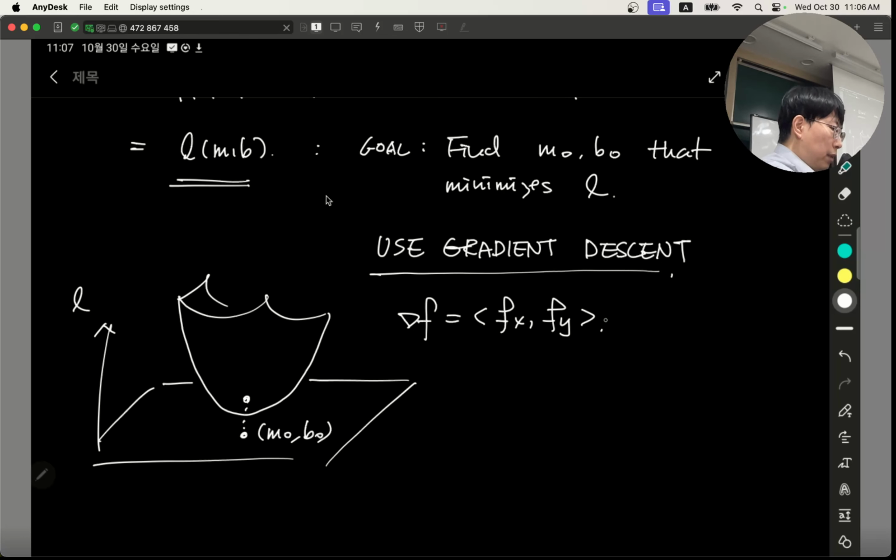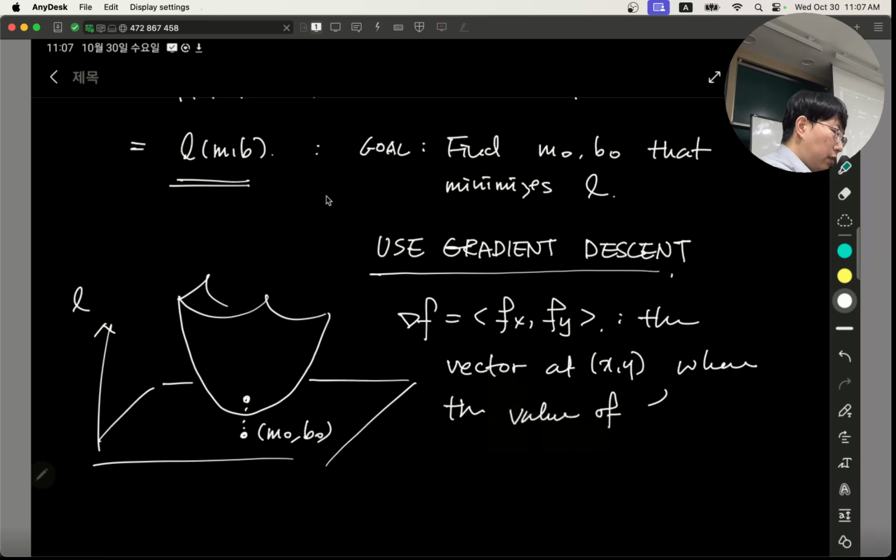It's the vector at xy where the value of the function changes the fastest.